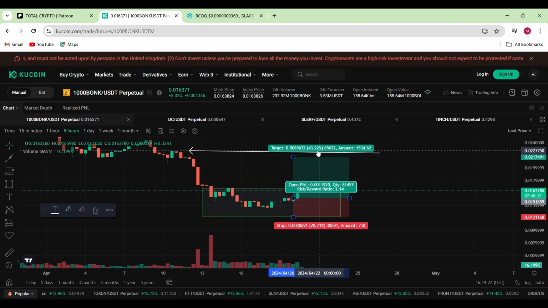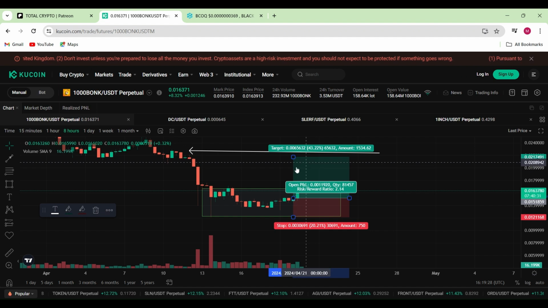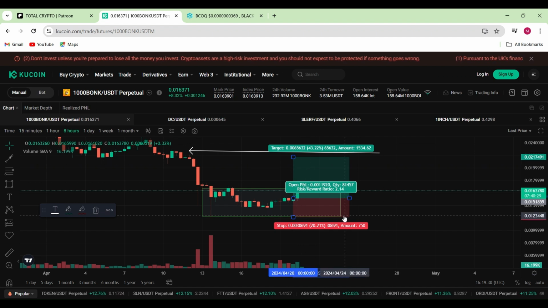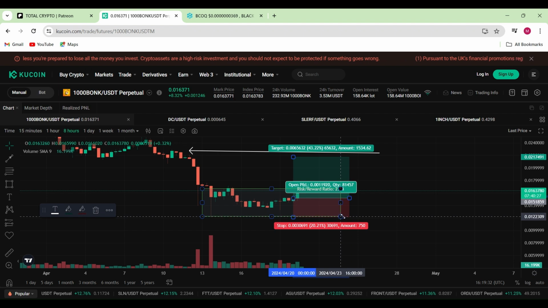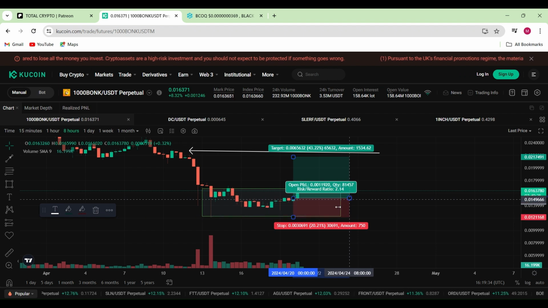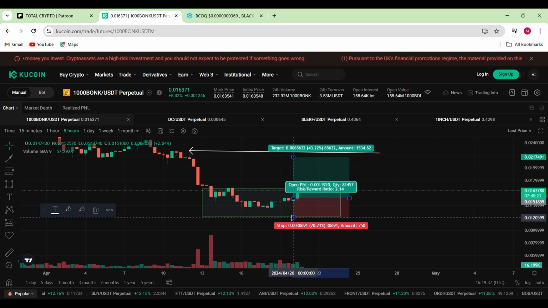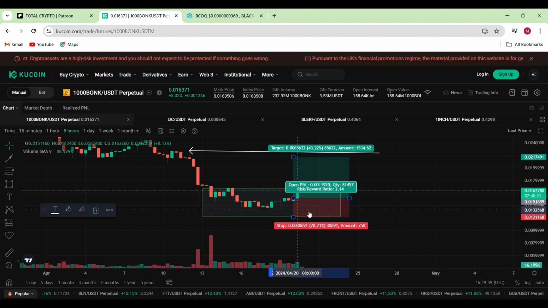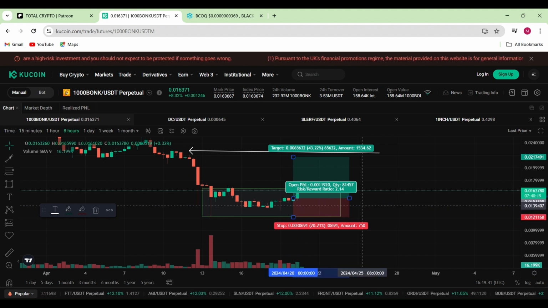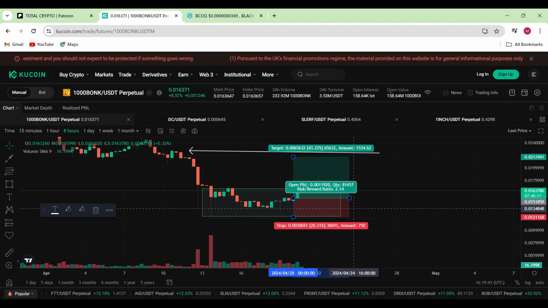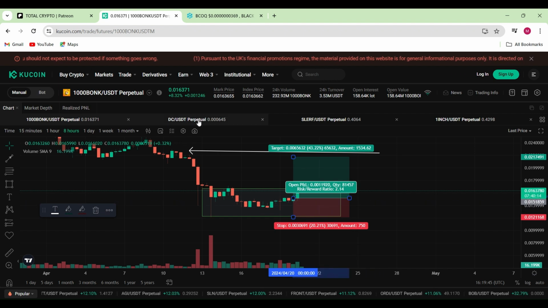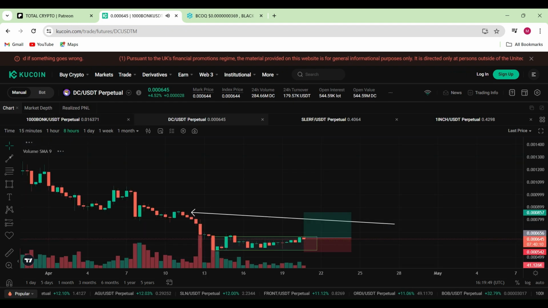That times 3, that's 129%, if the trade works out in my favor. Otherwise, if it doesn't work out in my favor, I'm down 60% of my account. But that's fine. I can add more to this position, of course, around about over here, just so I can mitigate my losses.